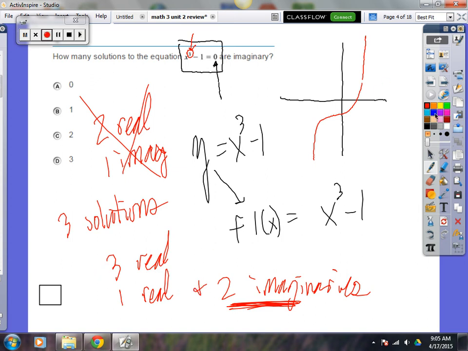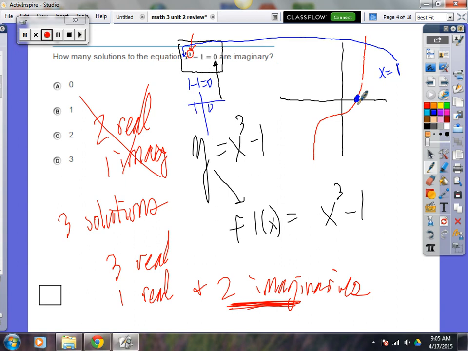And if you look at the graph, that is where it equals 0. So one of your solutions is where it crosses right on the x-axis at 1. So if I put 1 in there for x, 1 cubed, 1 times 1 times 1 is 1, and 1 minus 1 is 0, so 1 works. 1 gives you a 0.